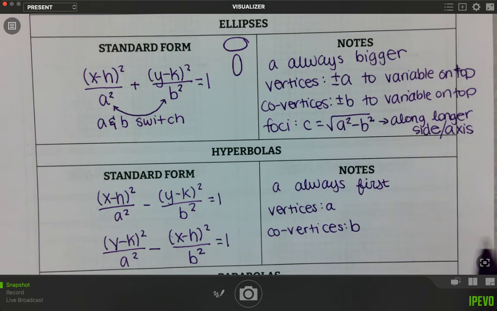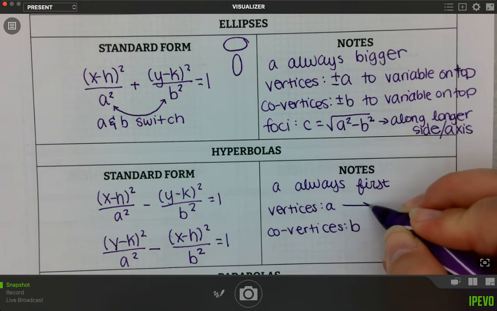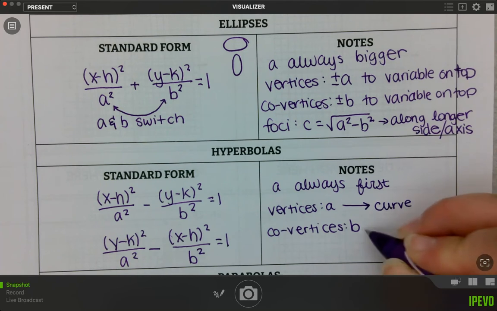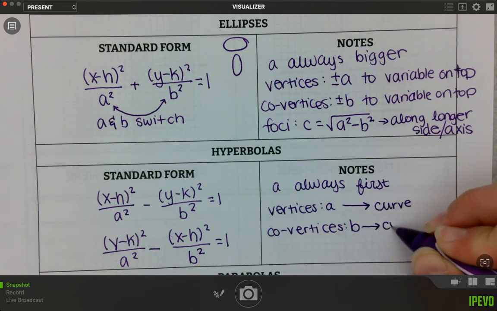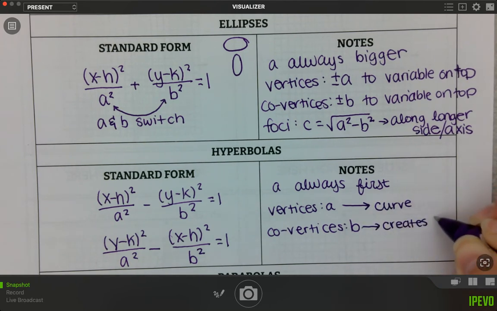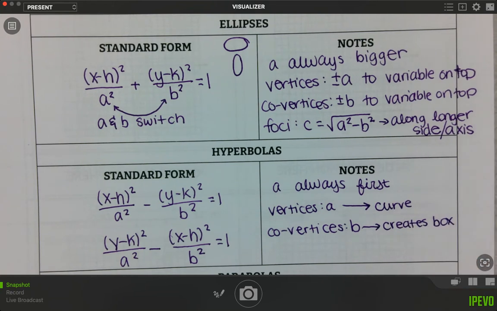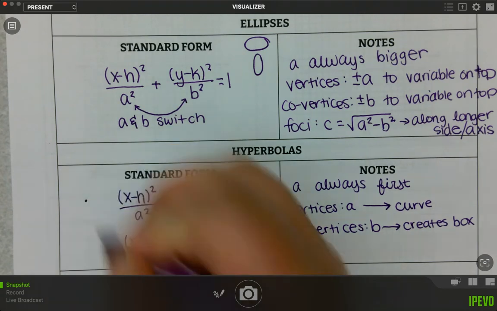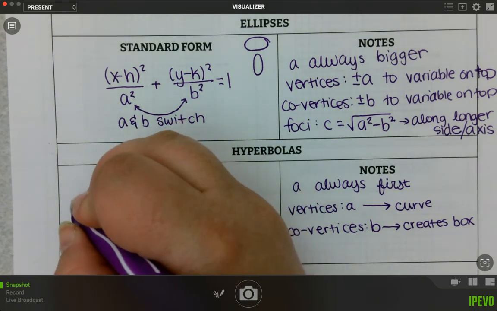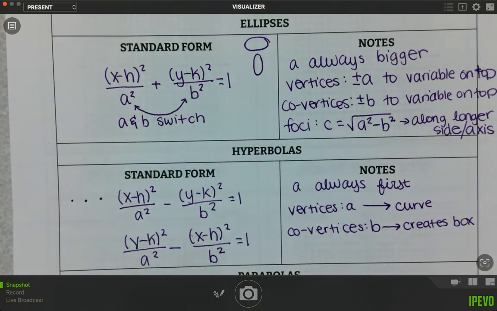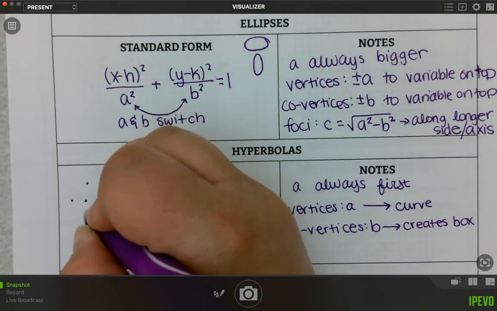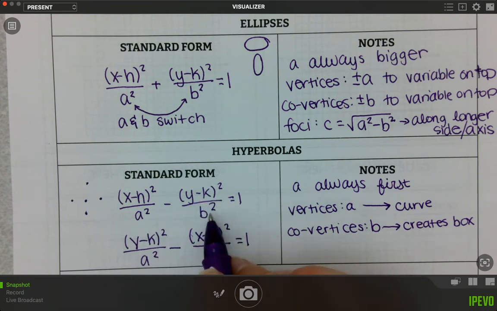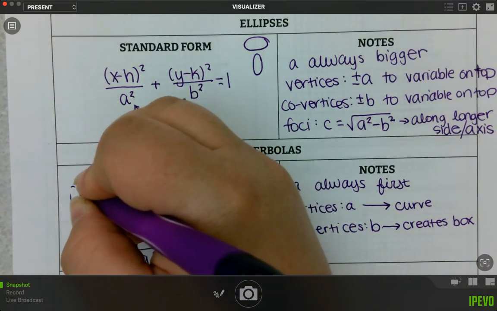I'm not going to rewrite that whole thing again, but I am going to draw a line and say that this is the one that gets the curve. This one just helps you create the box. Here's what I mean by that. If I had one like this, I have my center, and then the distance between these 2 points would be A. The distance between these 2 points would be B, because A is underneath X, B is underneath Y. And we make a box out of that.